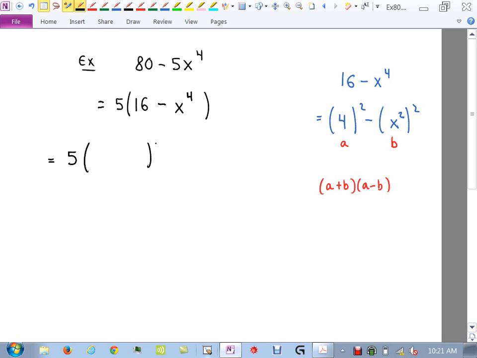Here are my two sets of parentheses. A plus b: 4 plus x squared. A minus b: 4 minus x squared.